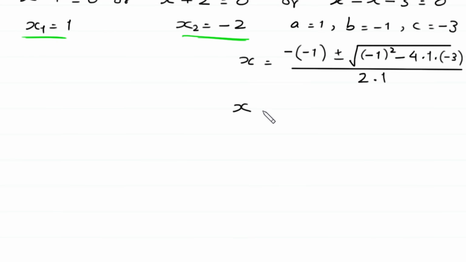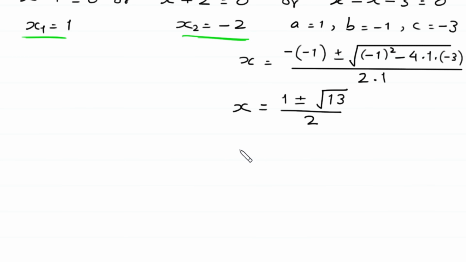Next, x is equal to, this minus and this minus becomes plus 1, plus or minus square root of negative 1 squared is 1, and negative 4 times 1 times negative 3 is plus 12, and 1 plus 12 is 13, divided by 2.